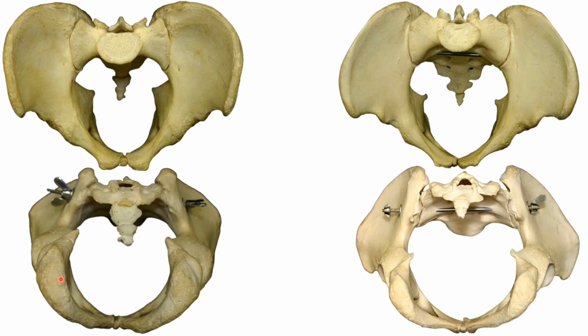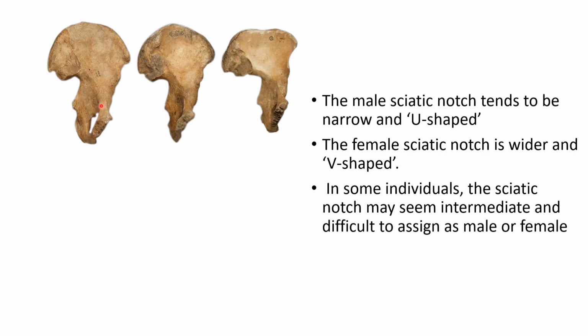Ischial tuberosity is sharper, longer and pointed toward the midline in case of male, whereas in case of female ischial tuberosity is pointed outward and shorter. Now let's see the differences between sciatic notches in case of male and female.